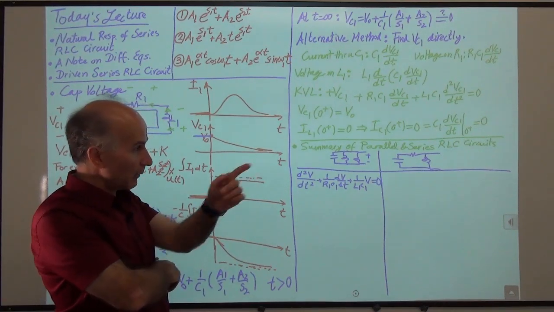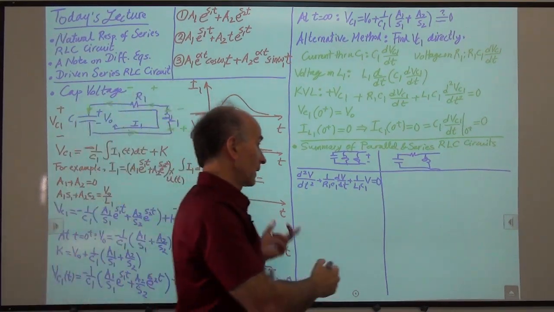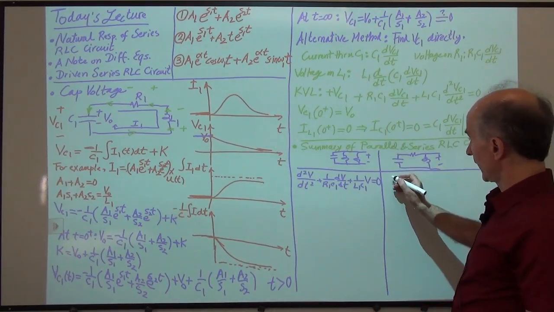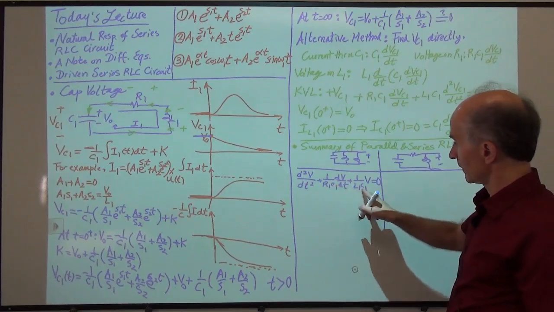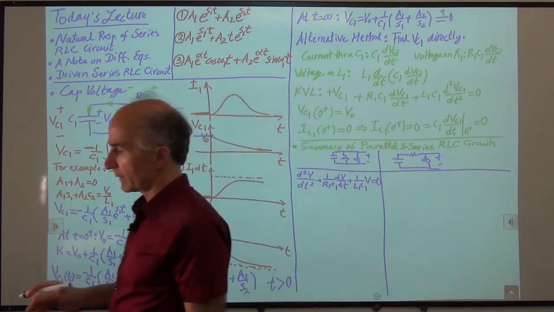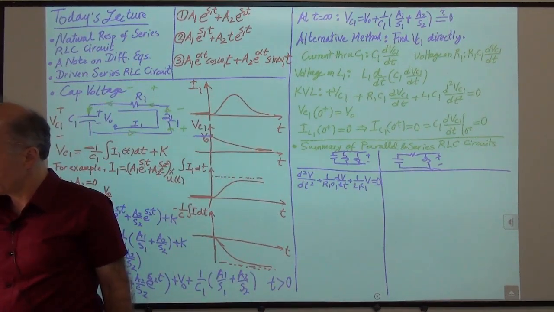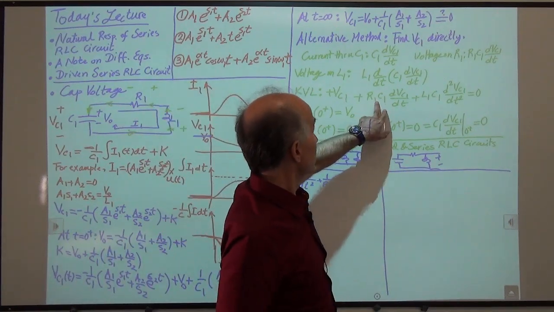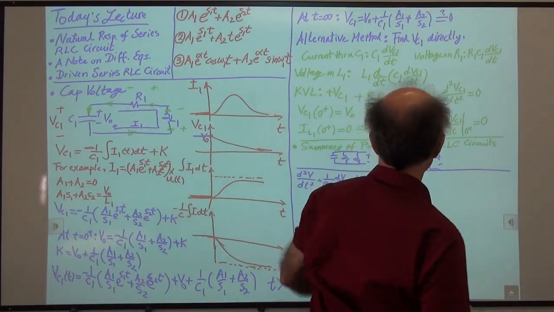All right? How about the series combination? So again, let's say this voltage is of interest, this voltage here. So we saw that it was similar, except that these numbers change a little bit. We can divide by L1 C1.